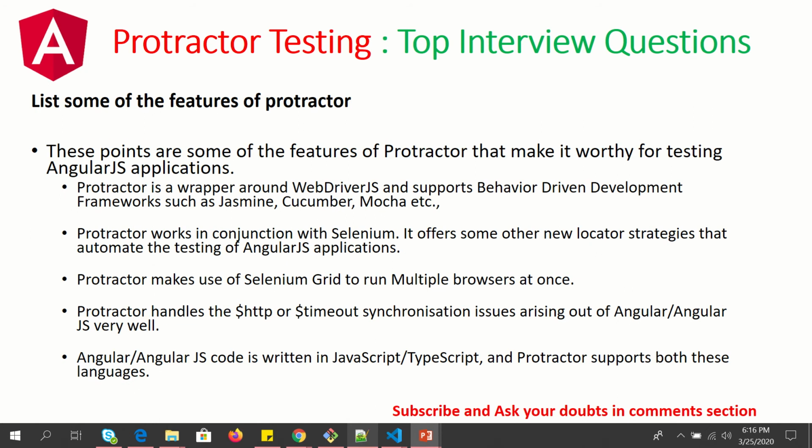All right. So the next question is, list some of the features of Protractor. Protractor is a wrapper around WebDriverJS and supports behavior driven development. That's what they want to hear. Protractor works in conjunction with Selenium. It offers some new locator strategies that help in automating the testing of AngularJS applications.